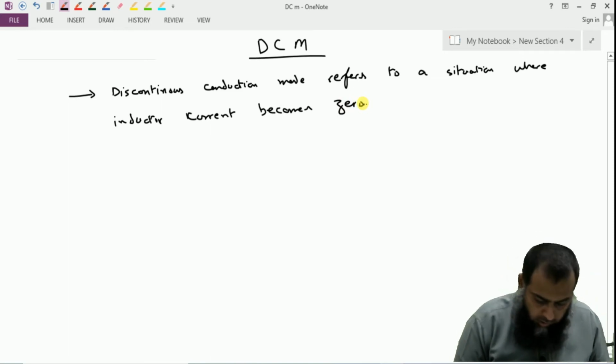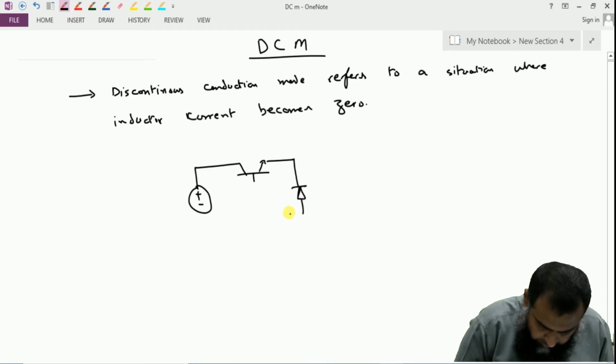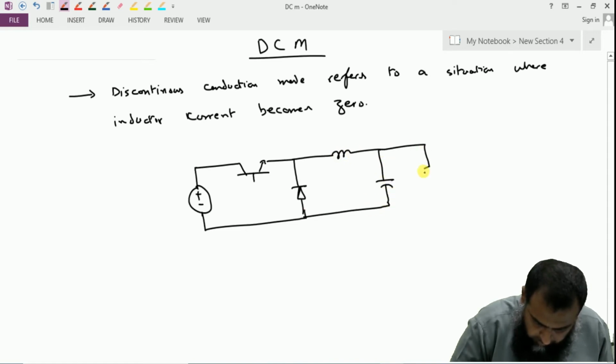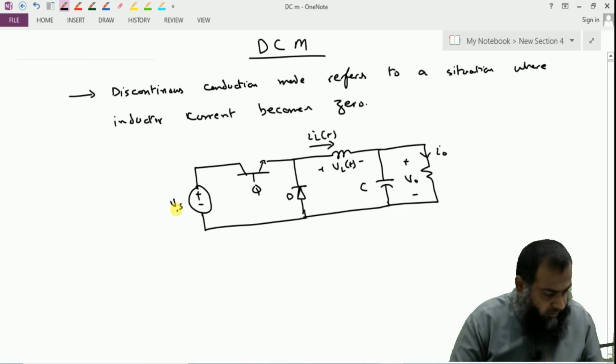So let me draw one converter, which is a buck converter. So we have this IL, this is plus minus VL, and we have this I naught, this is plus minus V naught, C, this is D, this is Q, and this is Vs.